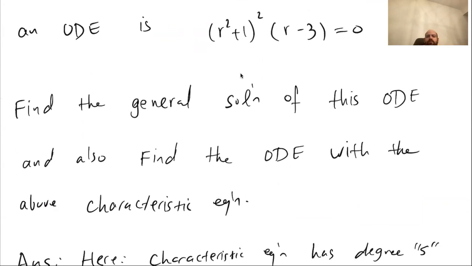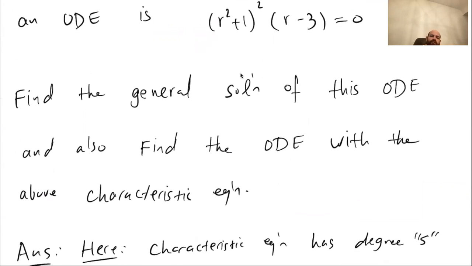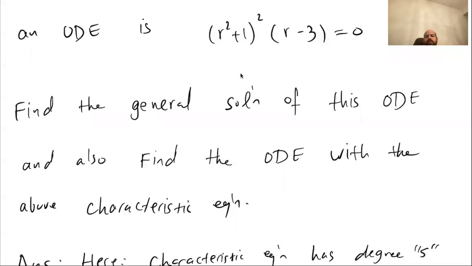We used the roots to find y1 to y5. And then we found the general solution as c1 y1 all the way to c5 y5. And we could also find the original ODE.